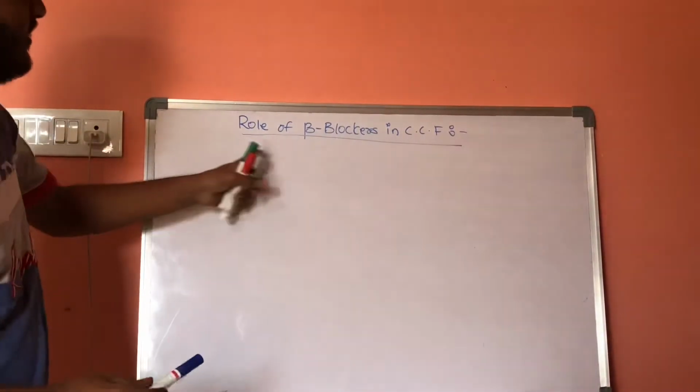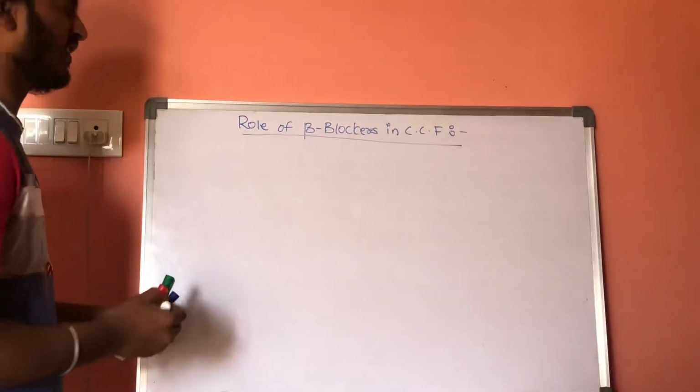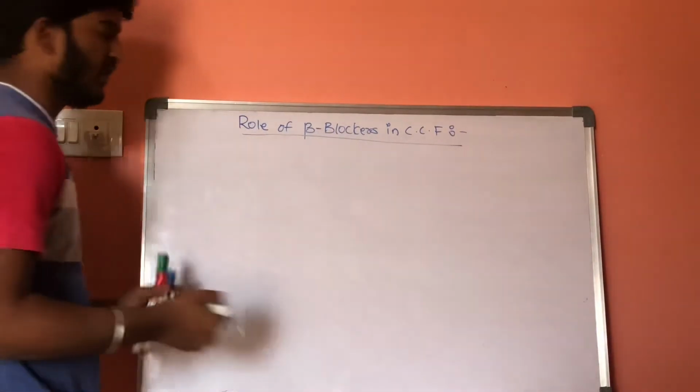Now, these beta blockers are classified into two forms. One is selective beta blockers and the other one is non-selective beta blockers.